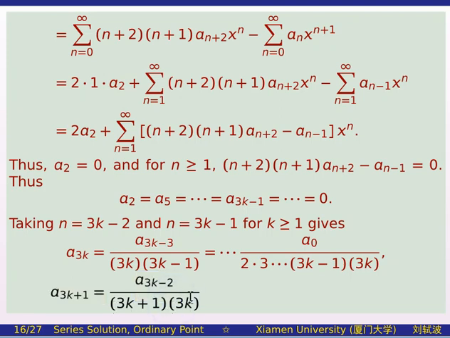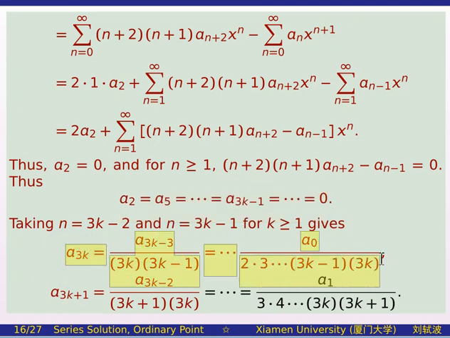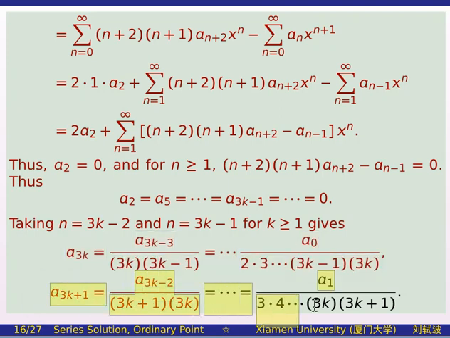Computing this turn by turn, finally we will obtain a_1 over 3 multiplied by 4, and finally 3k plus 1. So of these three sequences, the sequence starting with a_2 are all 0. The sequence starting from a_0 is given by this formula, and the sequence starting from a_1 is this. Okay, so these three sequences give us the complete sequence of the coefficients a_n.